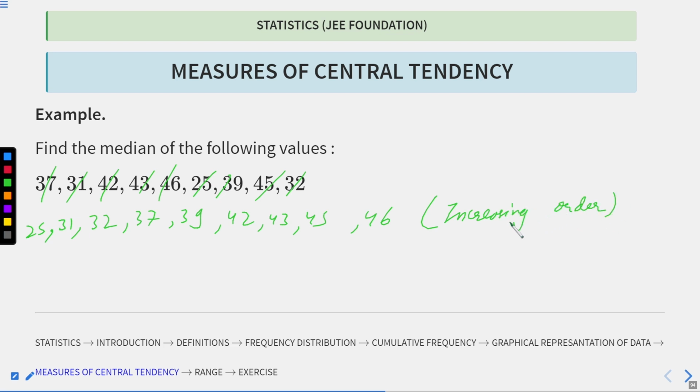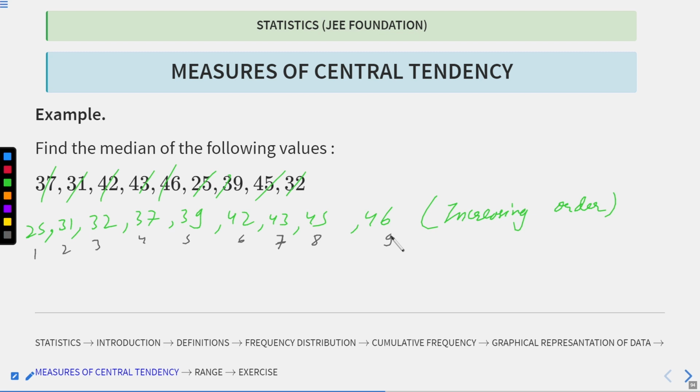Now I have reached the first step done. Now just count the total number of terms or observations: 1, 2, 3, 4, 5, 6, 7, 8, 9.